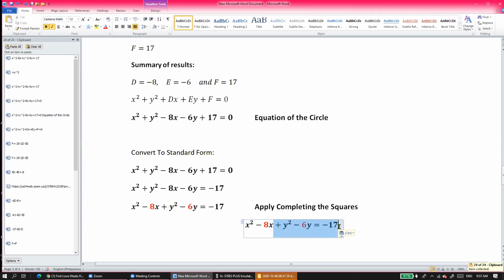So pag-usapan muna natin ang first two term, x square minus 8x. So paano ko ba mako-complete ang square dyan? Ang gagawin ko lang, yung 8, i-divide ko ng 2. 8 divided by 2 is equal to 4. After kong makakuha ng quotient which is actually equal to 4, ang quotient naman natin is i-square naman natin. Ano ba ang square ng 4? I think that is positive 16. Teka lang. I-redo ko lang.